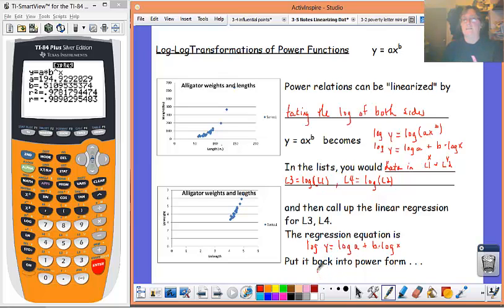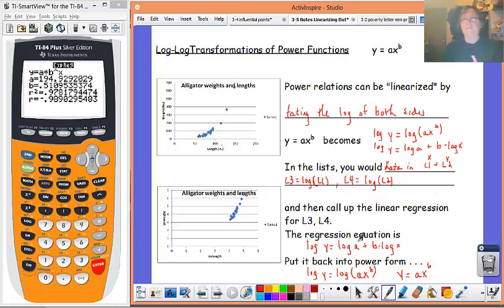You would say that the log of y, so we're just going to do the reverse algebra now, would equal the log of, and we've got to scrunch things back together. Here it was a plus, so that means that they come back together as a multiply. The b pops up to the top because of the power rule, log of ax to the b power. And then you'll remember that if we've got logs on both sides, then we can just operate with the constants, and that puts us right back here, y equals ax to the b.